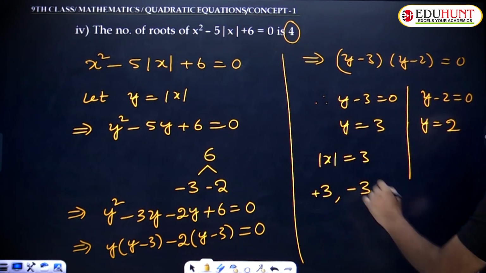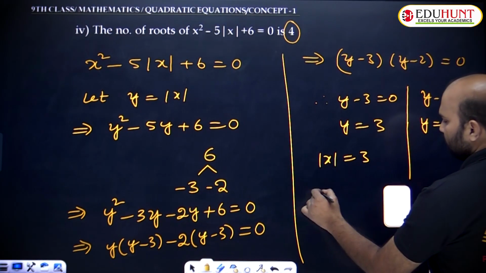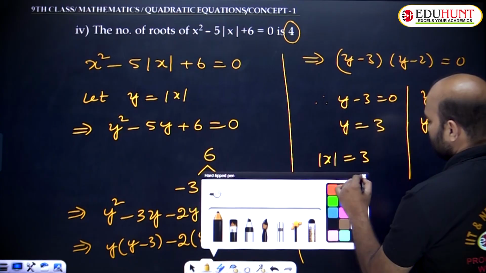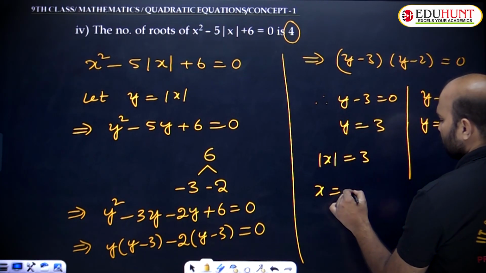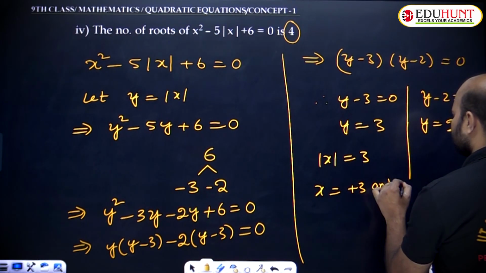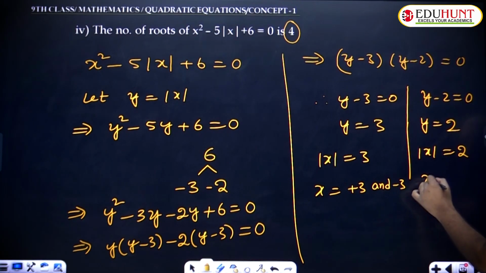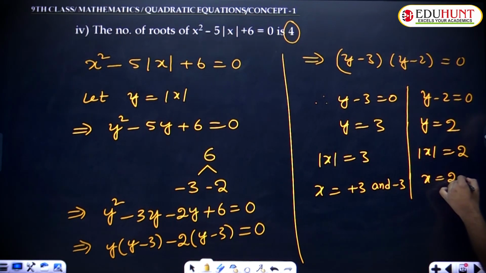Am I clear? So mod x equals 3 means x equals positive 3 and minus 3. Here also y equals 2, so mod x equals 2, which means positive 2 and negative 2.